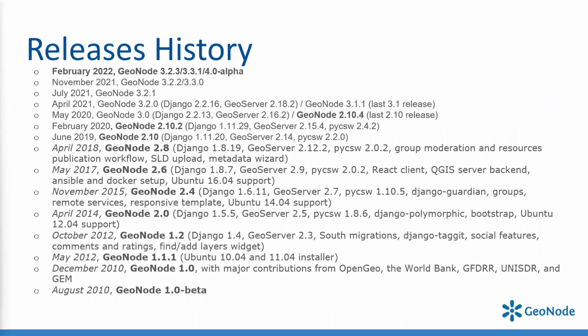This is a brief summary of the releases history. As you can see from this slide, GeoNode started back in 2010. And now we are almost ready to release GeoNode in February 2022, probably the last version of the 3.2 train, and the beginning of the new 4.0 release, which is much different from the previous ones.